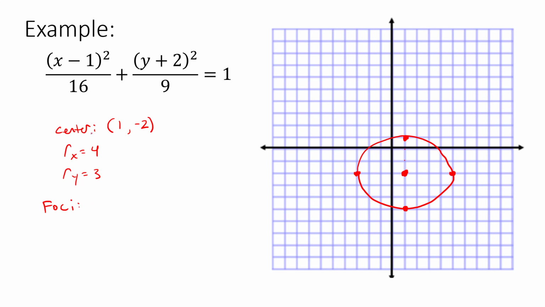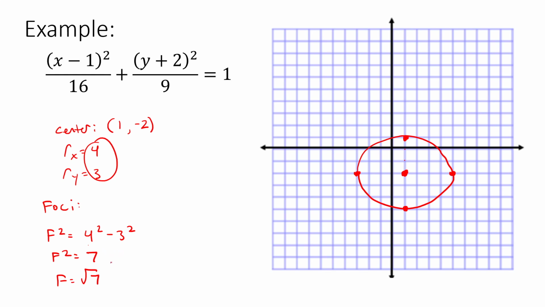So going to this example, we would do f squared equals 4 squared minus 3 squared, or you could just go back to these original numbers, by the way, 16 and 9. Either way, you end up getting f squared equals 16 minus 9 is 7, and so f equals root 7.